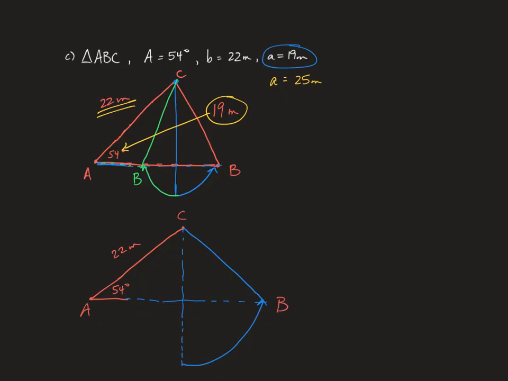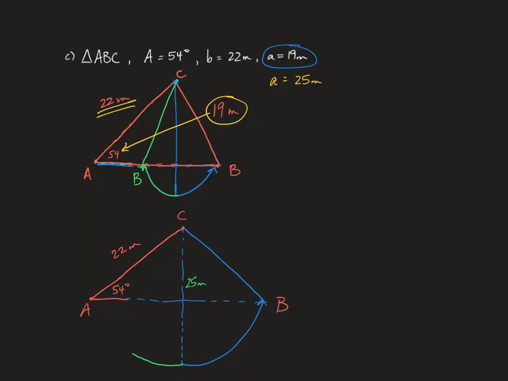A, C, and B. I'd like you to notice, though, that we don't have the ability to swing our line in the other direction. Watch what happens as I try to take that side length that is 25, and I try to swing it up.